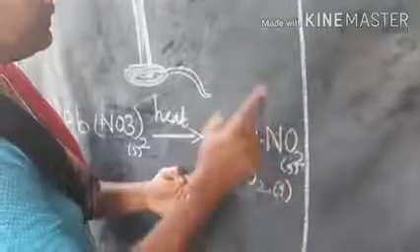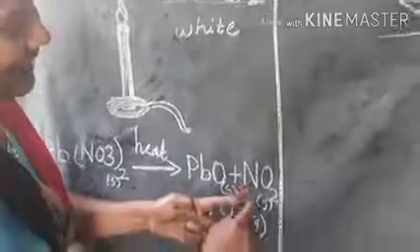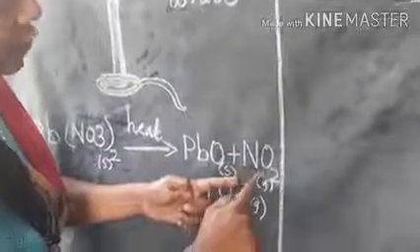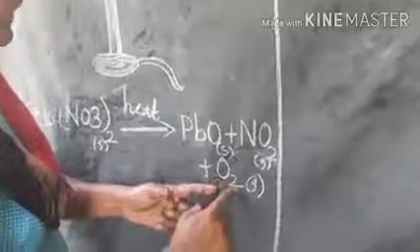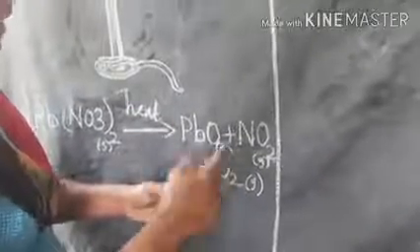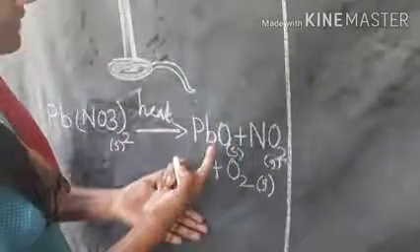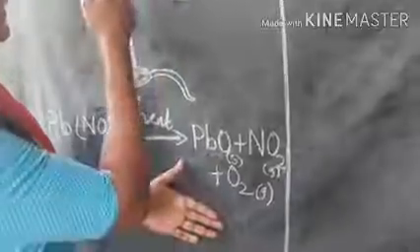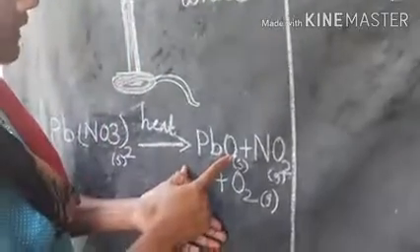The reddish brown gas is none other than nitrogen dioxide, NO2. And oxygen, a colorless gas, also will escape along with nitrogen dioxide. The substance left behind in the test tube after heating is lead oxide.